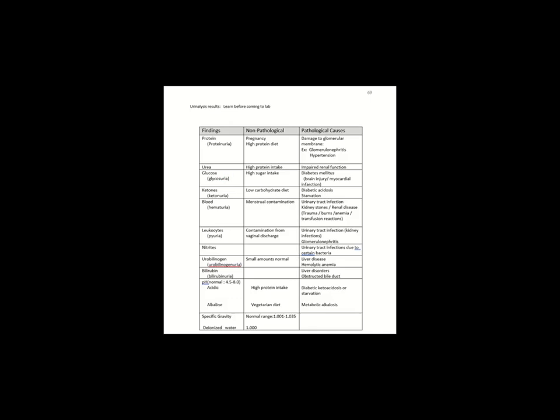Next, glucose, glycosuria or glucosuria. Some reasons that we could find that: high sugar intake. Well, remember, 100% of the glucose that is filtered should be reabsorbed in the PCT. But if you're eating a lot of sugar, then we exceed transport maximum, and it shows up in the urine.